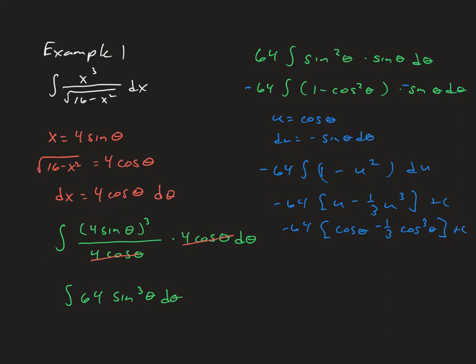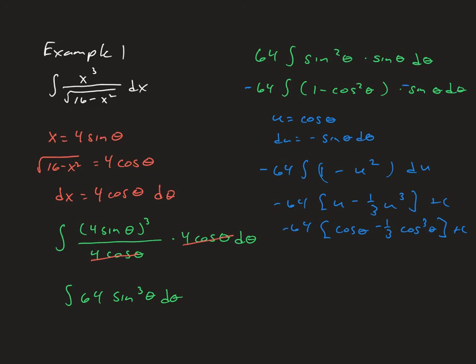I know that x equals 4 sine theta, so sine theta is x divided by 4, because I can divide both sides by 4. Same thing here: I know that the square root of 16 minus x squared equals 4 cosine theta. Therefore, cosine theta is the square root of 16 minus x squared over 4.